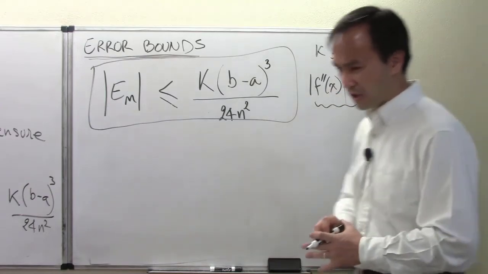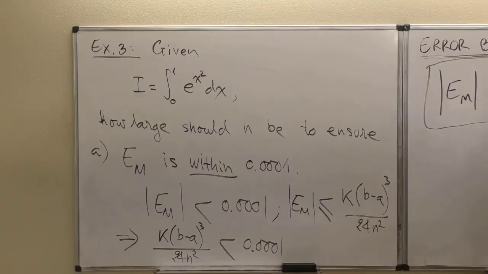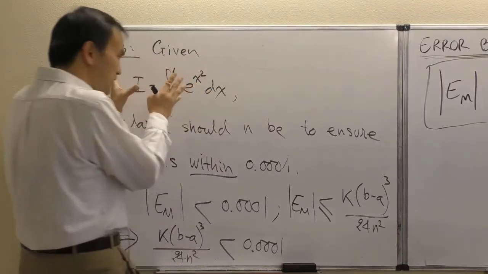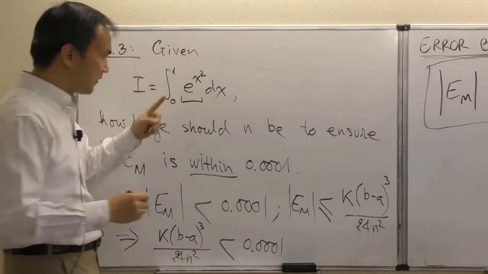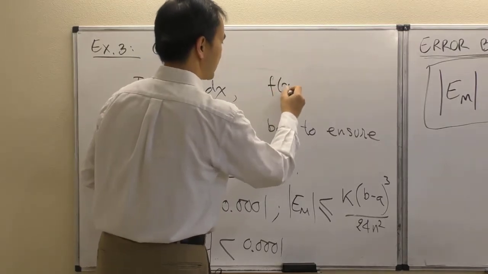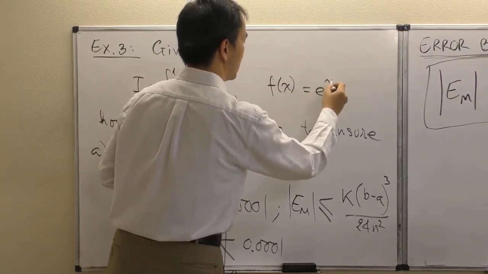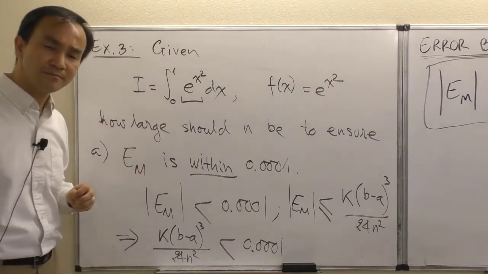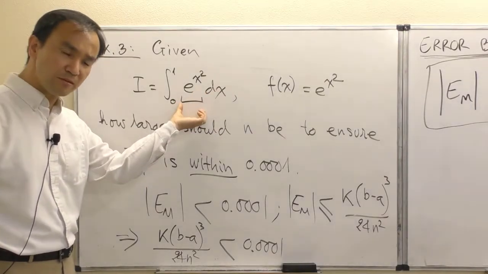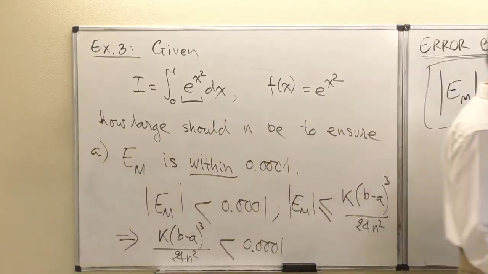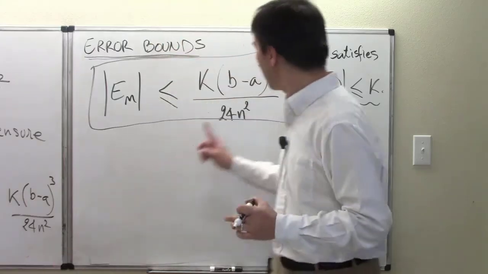And by the way, I have to remind everyone, back in this problem, the integral itself here, what is f of x? f of x is this function, e to the x squared. So e to the x squared is that function f of x right from our integral problem, and that's what this statement is talking about.